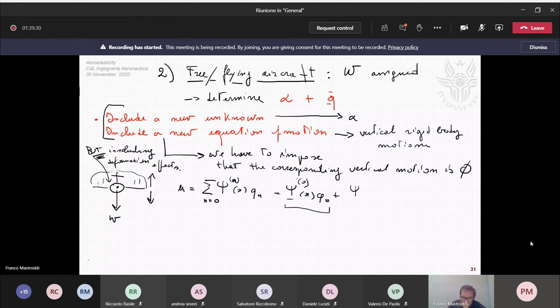So this psi 0 is just the vertical unit vector, k. So a rigid body motion up and down.